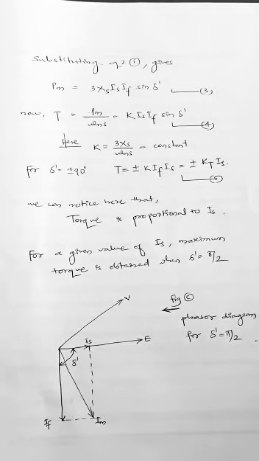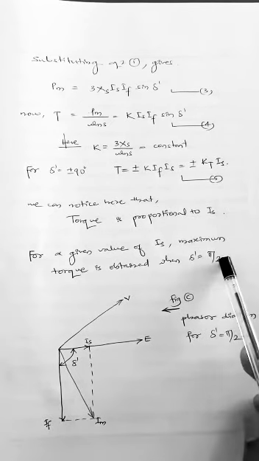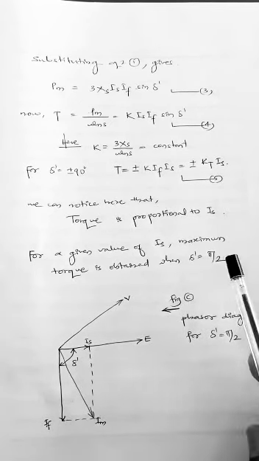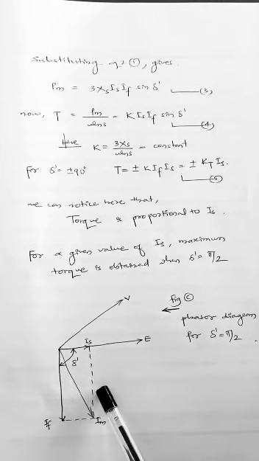We can notice that the torque is proportional to Is. Now for a given value of Is, maximum torque can be obtained when delta dash is equal to pi by 2, and the phasor diagram for delta dash equal to pi by 2 is shown here.